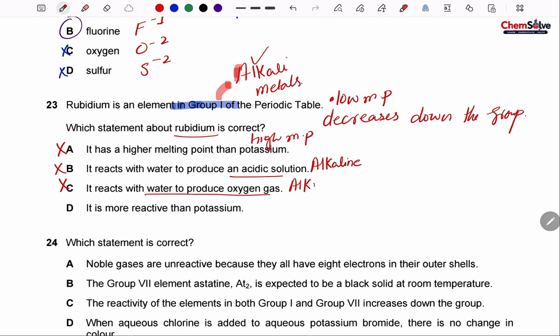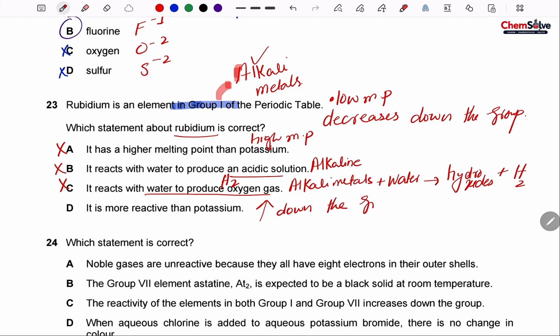Alkali metals, when they react with water, produce their own hydroxides plus hydrogen gas. It is more reactive than potassium. Yes, this is correct because reactivity increases down the group. As rubidium is below potassium, it would be more reactive than potassium. So this is the correct statement.